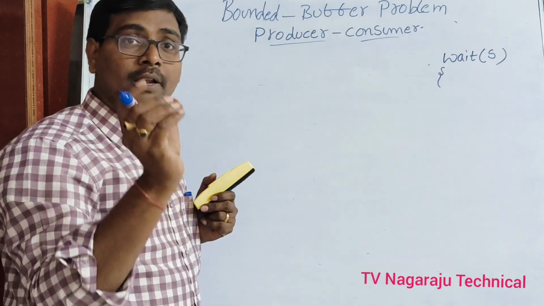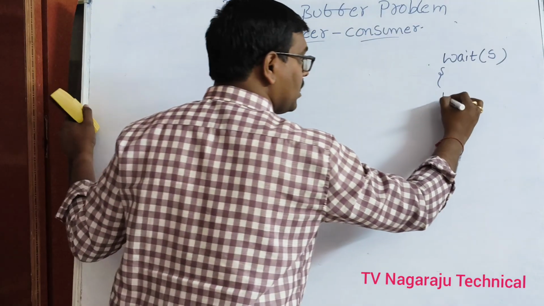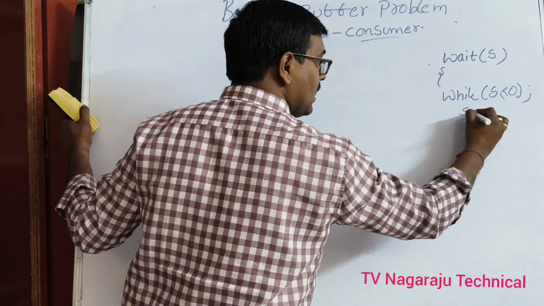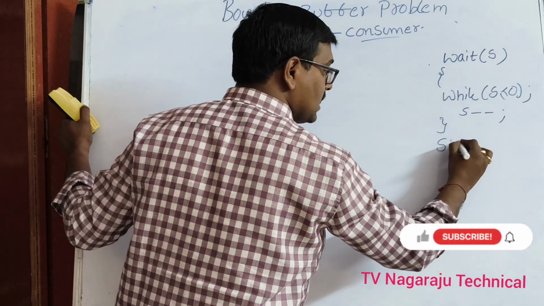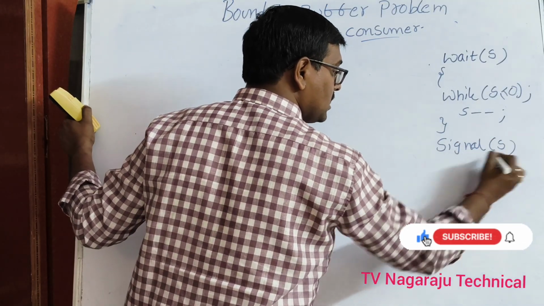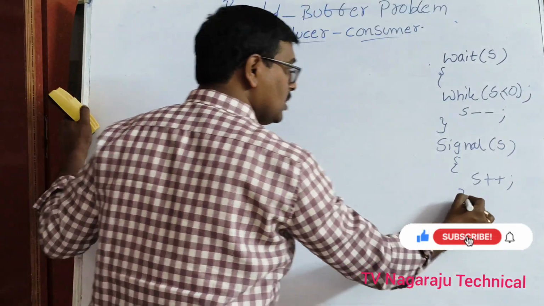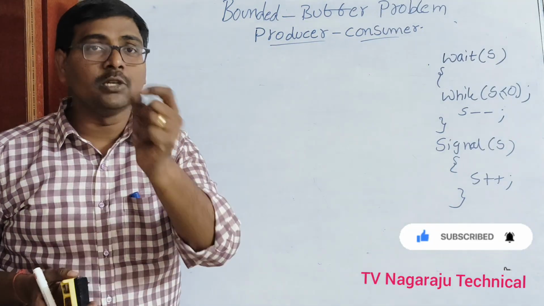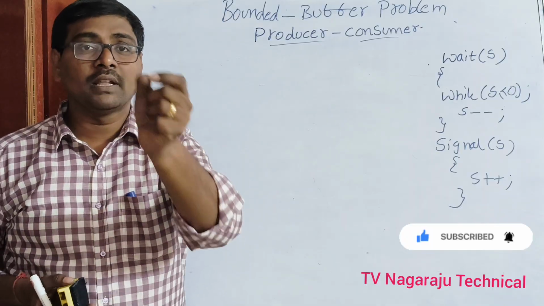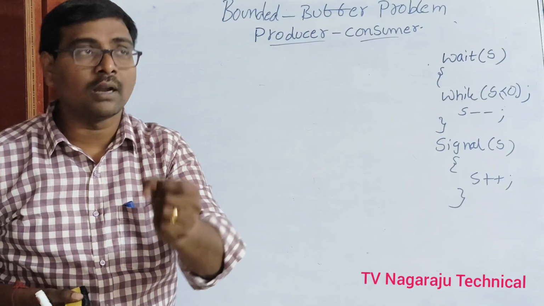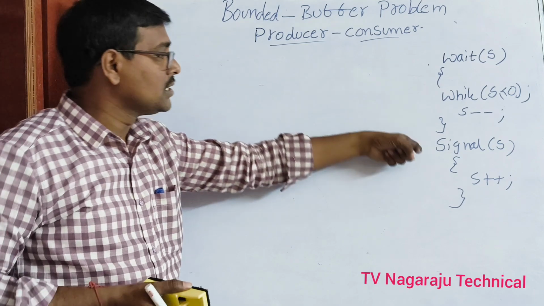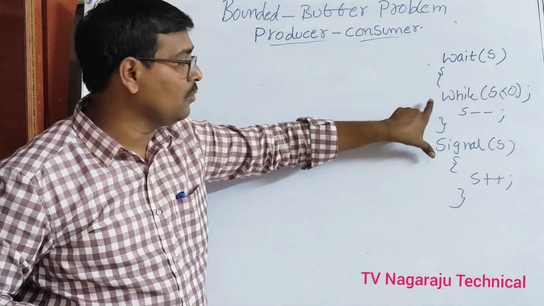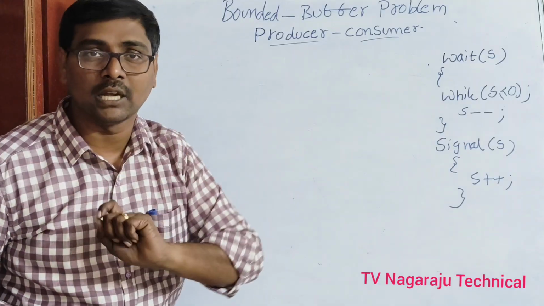One is the wait operation and another one is the signal operation. Wait: while S less than or equal to 0, do nothing; then S minus minus. The signal operation is S plus plus. Generally, the wait operation's purpose is to test whether the critical section is free or not, in this case the buffers. Signal is just for incrementing. Anyway, when we move to the semaphore topic, we will have a clear idea with a complete example.